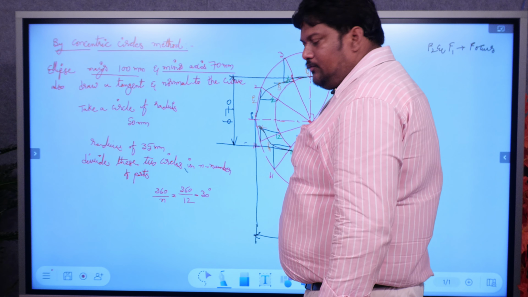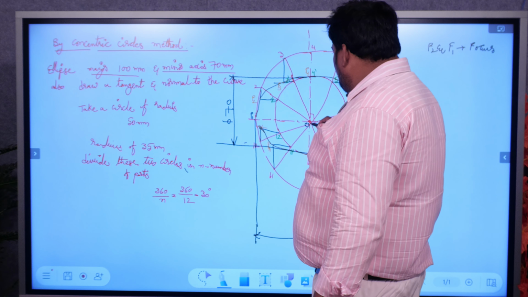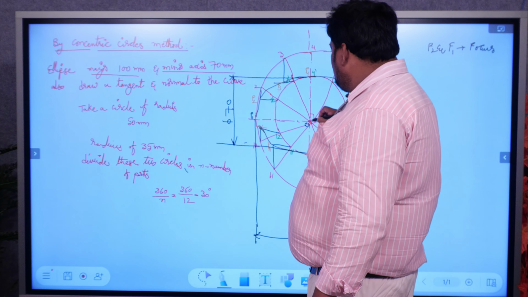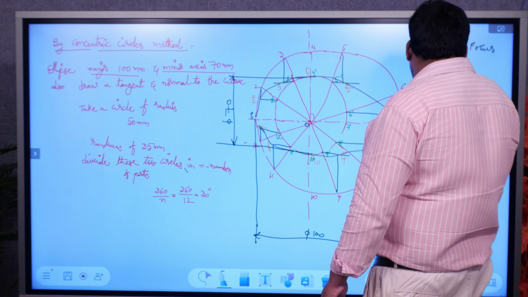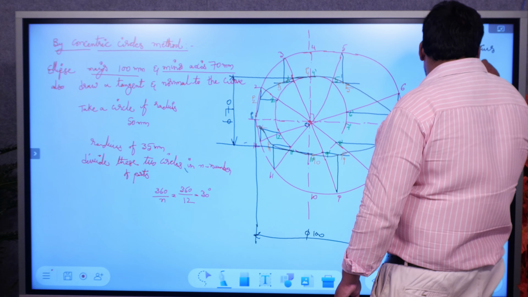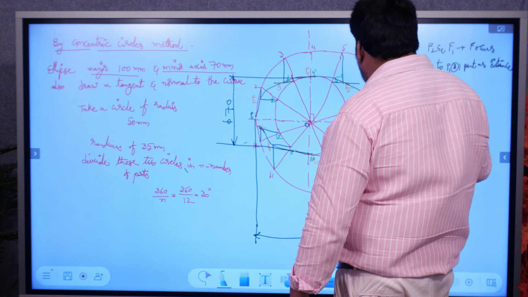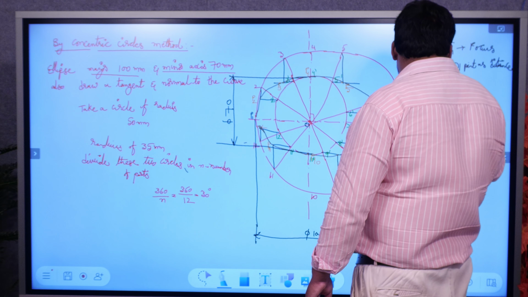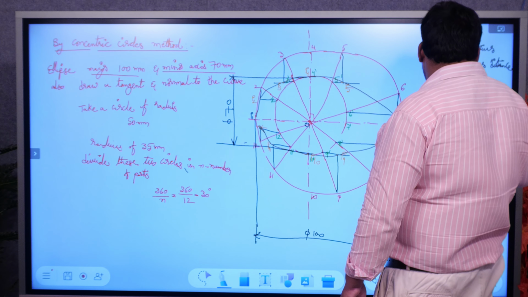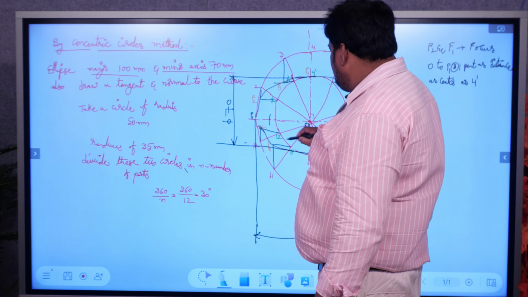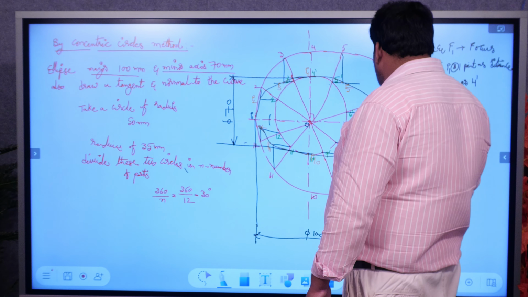Now in order to find F1 and F2, we have to take this center as O. Taking O to P1 as a distance, and 4 dash as center, draw an arc on the left side and the right side of the circles in both directions. You will get the points F1 and F2.